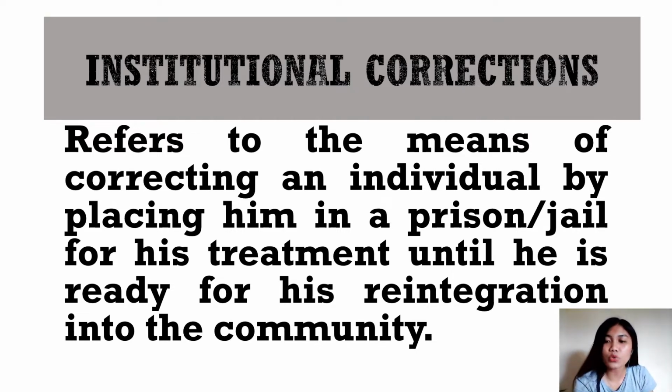So, pag institutional corrections po, sa loob ng kulungan, i-rehabilitate po si offender. At yung non-institutional correction naman po, sa labas. Ang labas na yon ay sa community. Yan po yung pagkakaiba ng non-institutional and institutional correction.